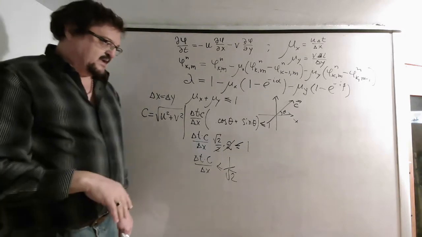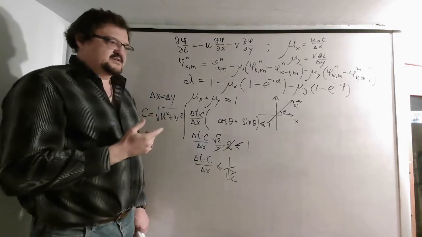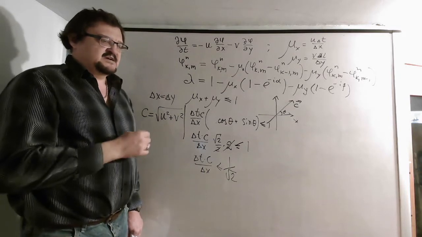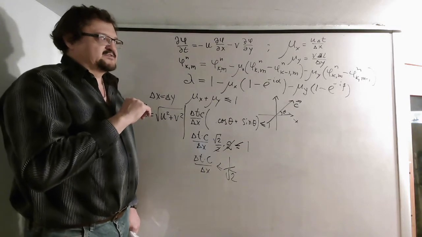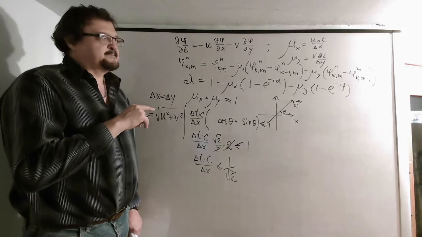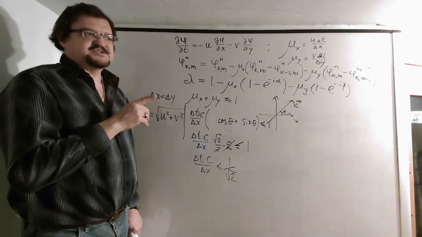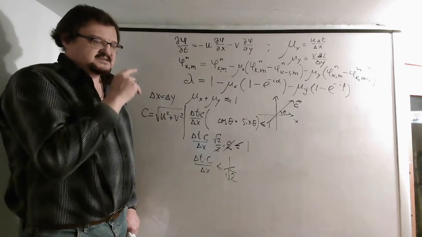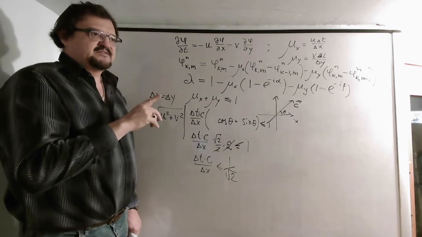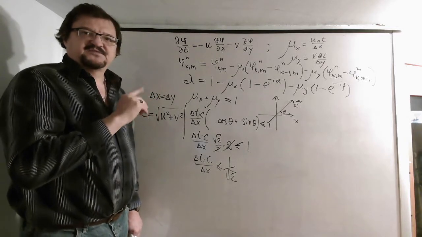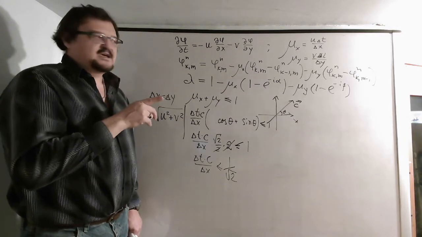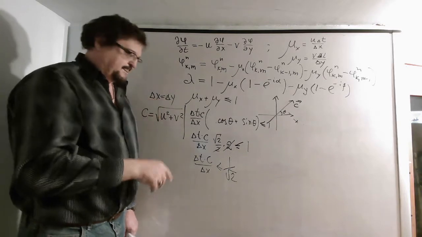Why so? Remember when we considered upstream bias scheme, we used our Taylor expansion and showed that this scheme is equivalent to advection plus some diffusion, which is implicit diffusion created by the scheme itself.